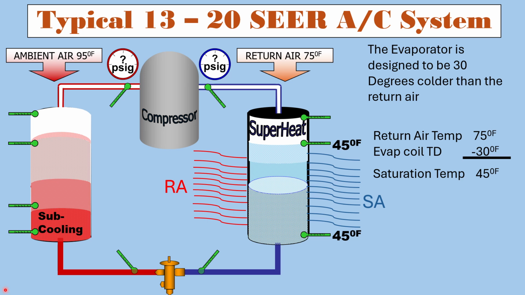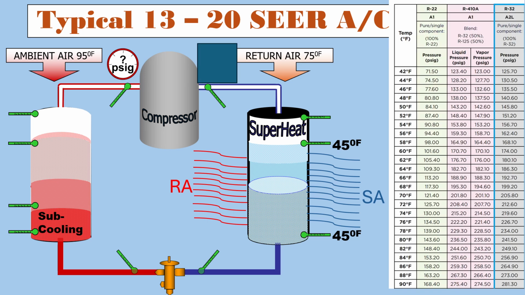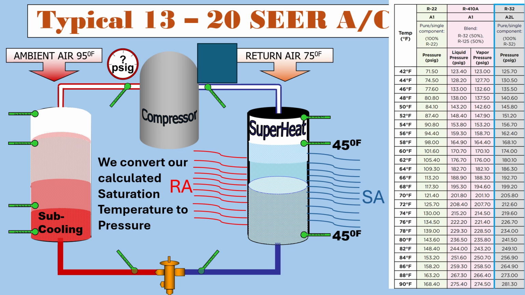So we have our saturation temperature, which is the middle of the coil on both sides, and that's what our gauges read also. But since we don't have a gauge on this, but we have a temperature, we'll just go to our temperature-pressure chart, and we'll convert our calculated saturation temperature to pressure.